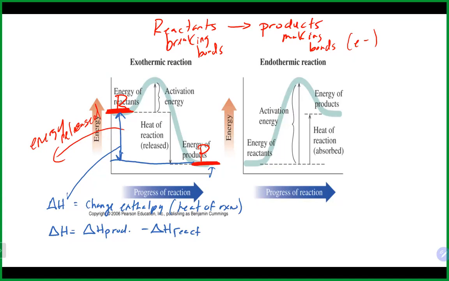If you just think about it magnitude wise. So the energy of our products is much smaller than the energy of our reactants. So we would have a smaller number minus a larger number. And when you take a smaller number minus a larger number, you end up with what type of number, positive or negative? You end up with a negative number.